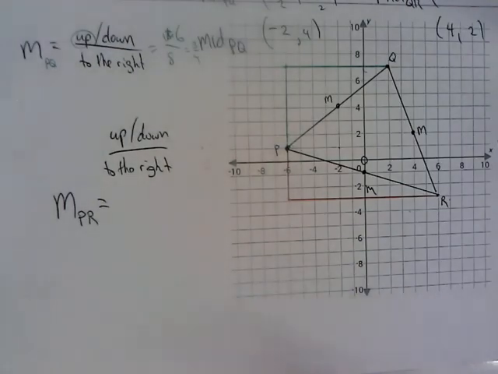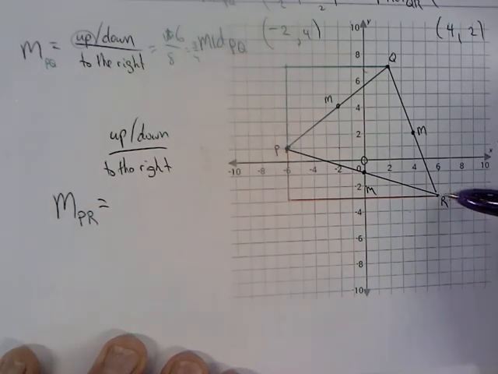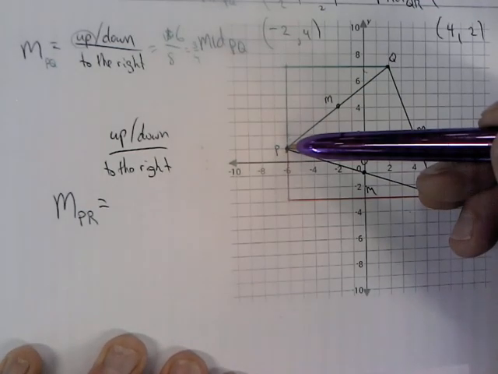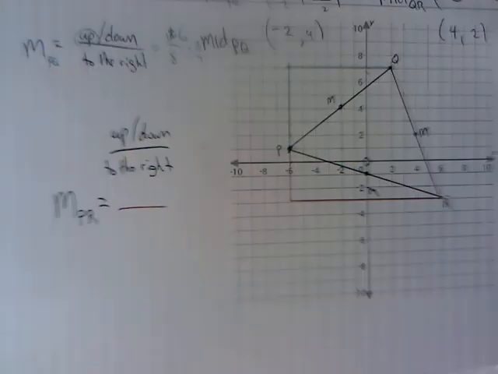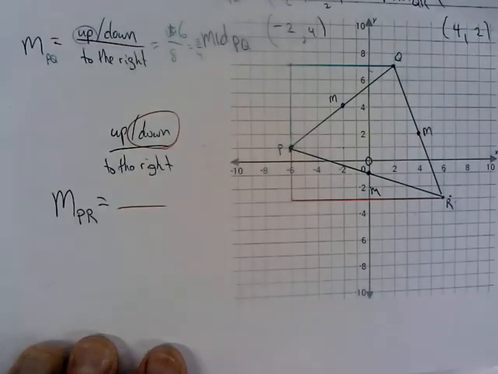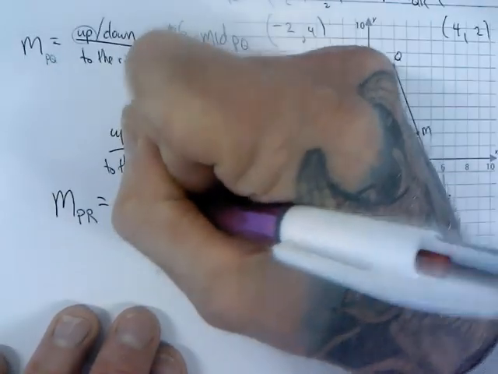Okay, so first, from P to R, how many down? 1, 2, 3, 4. Because I went down by that many, it's negative 4.